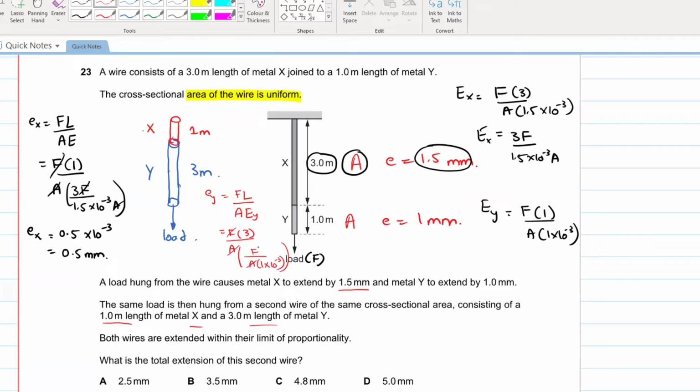Area cancels out, F cancels out. The extension of Y becomes 3 into 10 raised to the power of minus 3, that is 3 millimeters. So add them up, your answer will be B, that is 3.5 millimeters.